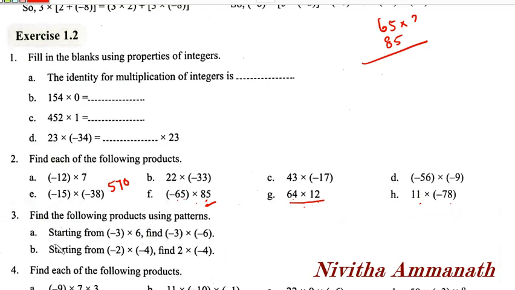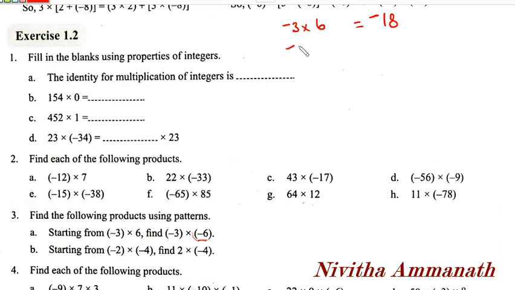Now, next question. Find the following product using patterns. Starting from minus 3 into 6, find minus 3 into minus 6. So first one is minus 3 into 6, right? We have to find out minus 3 into minus 6. Till this we have to do. Minus 3 into 6 is equal to 3 sixes are 18, so minus 18.